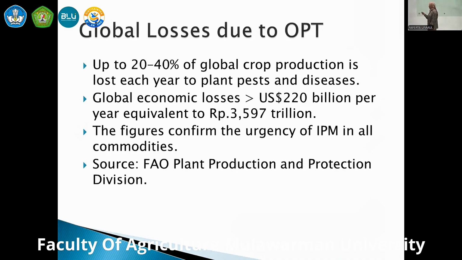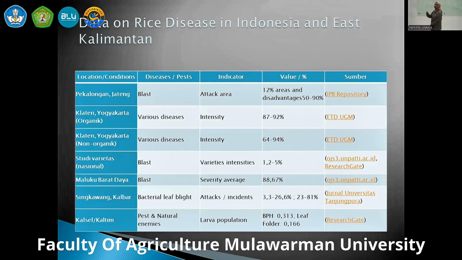Now let's go to this data. This is the data on rice diseases in Indonesia and also East Kalimantan. We can see in the data that most of the plants, this is rice, have disease.